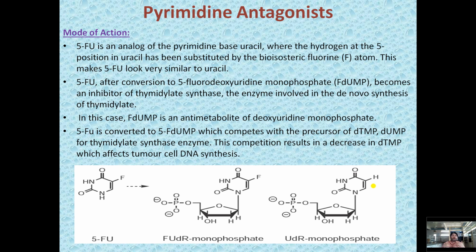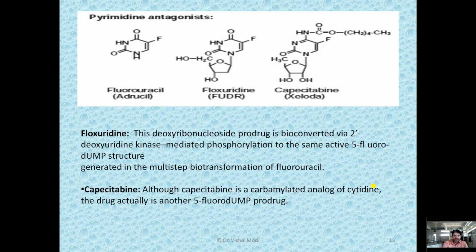Generally, in DNA synthesis, deoxythymidine monophosphate is incorporated, but instead 5-fluorouracil is incorporated into DNA in place of deoxythymidine monophosphate, the natural endogenous molecule, and affects tumor cell DNA synthesis.